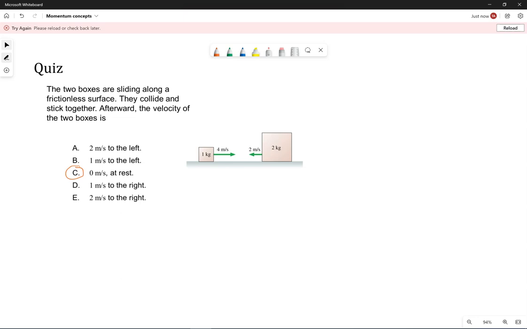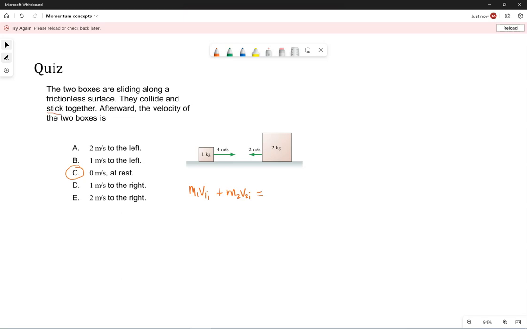So this is a collision. The whole reason either box has a change in velocity is because of the force due to the other box. And so momentum is conserved. So box 1, its momentum, plus box 2's momentum.